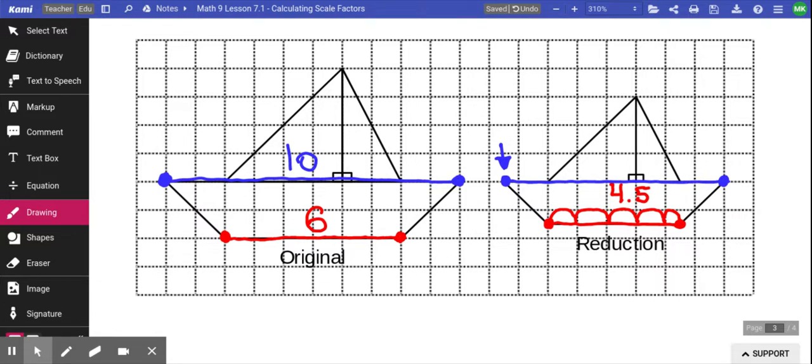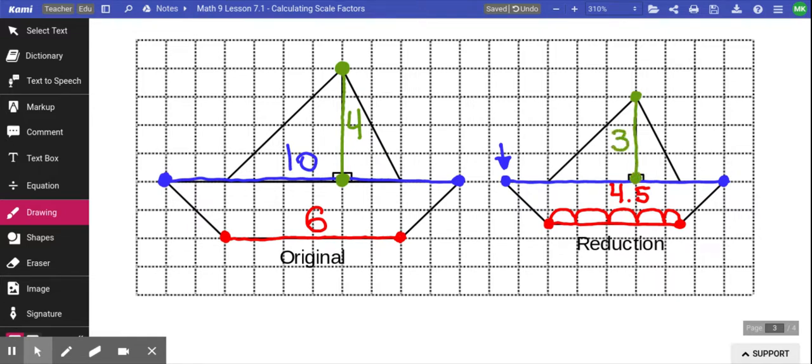The next spot that I'm going to try is the flag of the boat. If I look at the top of the flag and the bottom of the flag on the original, it's 1, 2, 3, 4 across. If I look at the top of the flag here to the bottom of the flag here, now I don't have to estimate and use decimals.